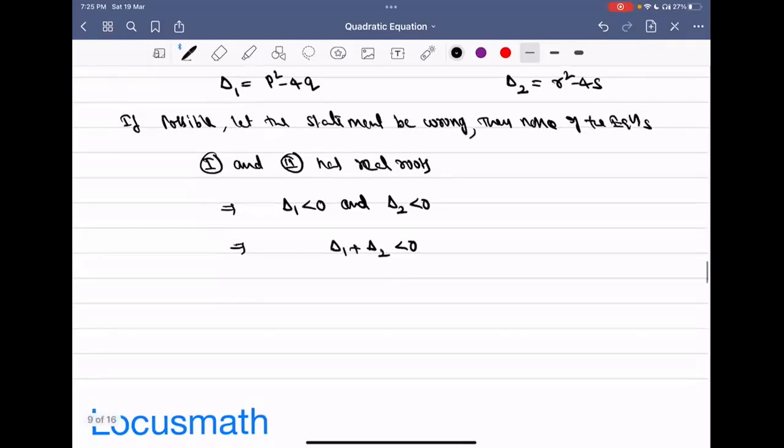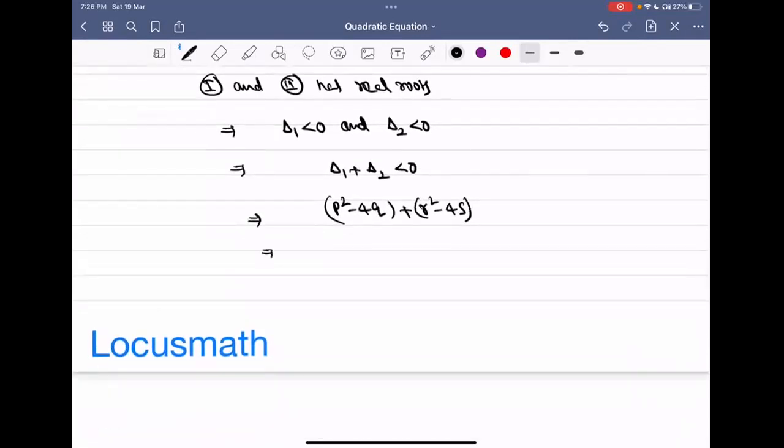So now, what is delta 1? Delta 1 is p square minus 4q plus, what is delta 2? r square minus 4s. So this implies p square plus r square minus 4 times q plus s.